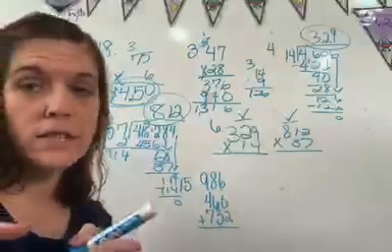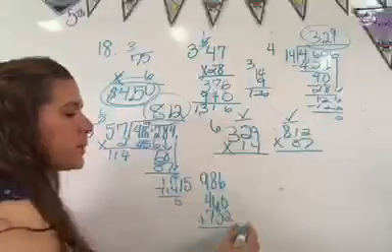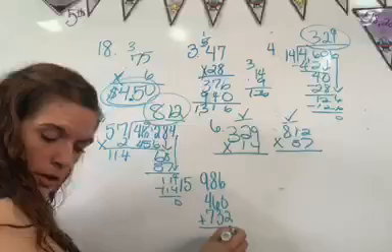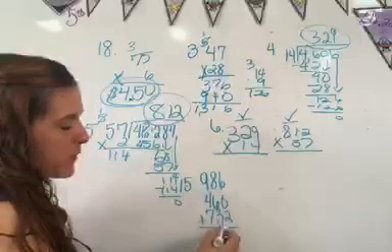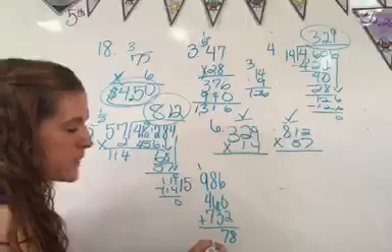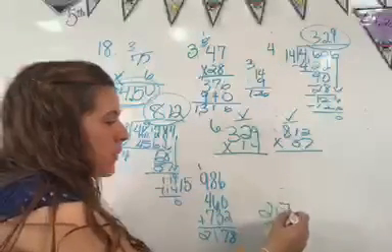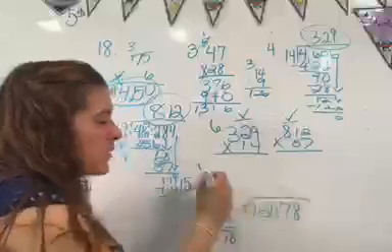15 says to average 938, 460, and 732. You guys remember what average is? Sumar y dividir. So you have to sumar these. 6 plus 0 plus 2 is 8. 8 plus 6 is 14 plus 3 is 17. 1 plus 9 is 10 plus 4 is 14 plus 7 is 21. And we're going to divide that by 3 because there are 3 numbers here.